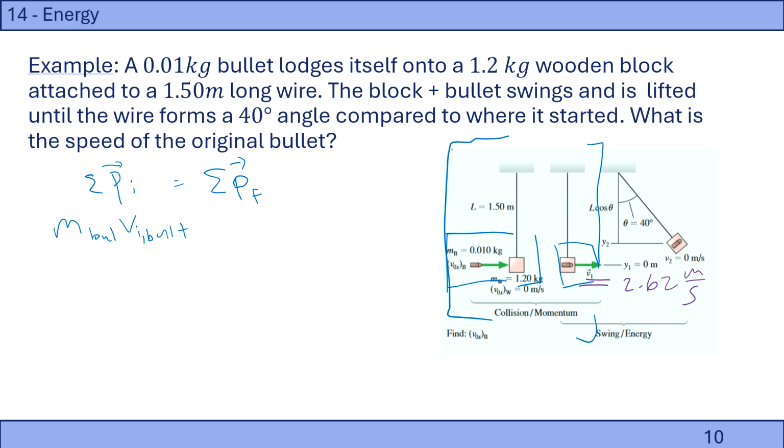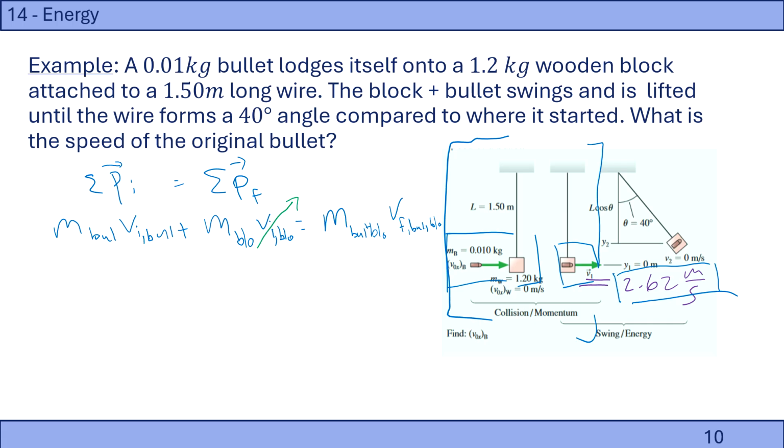And if we add that to m of the block times the v initial of the block, this should be equal to the final mass of the bullet plus block times the combined final bullet plus block velocity, which we already have. That's the 2.62 meters per second. In the other case, it was the initial, but now it's the final velocity of this object.